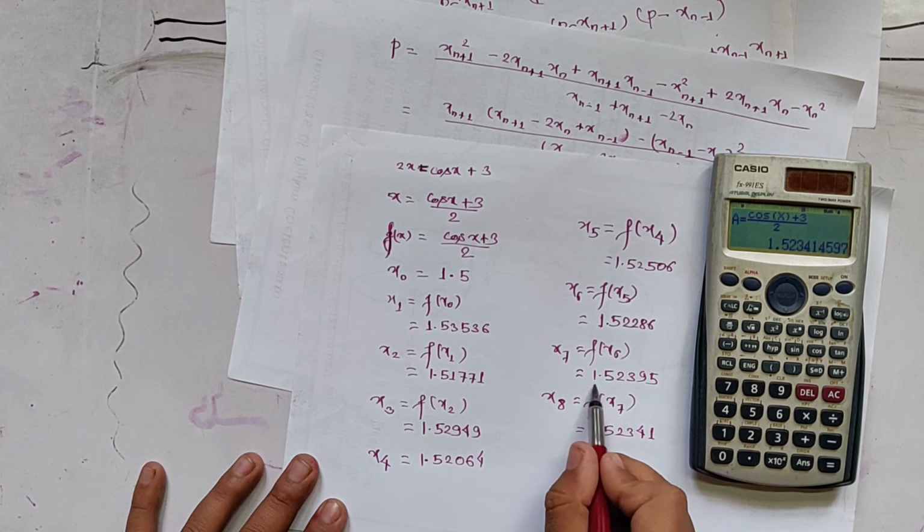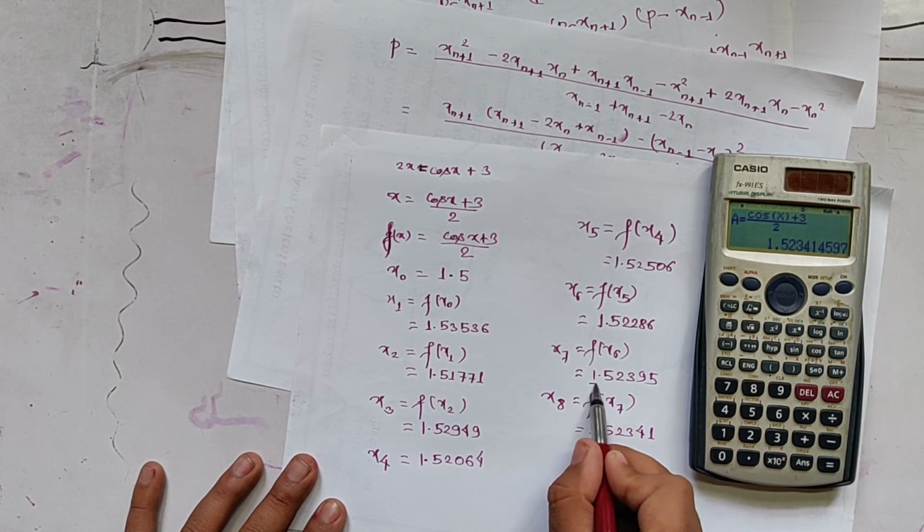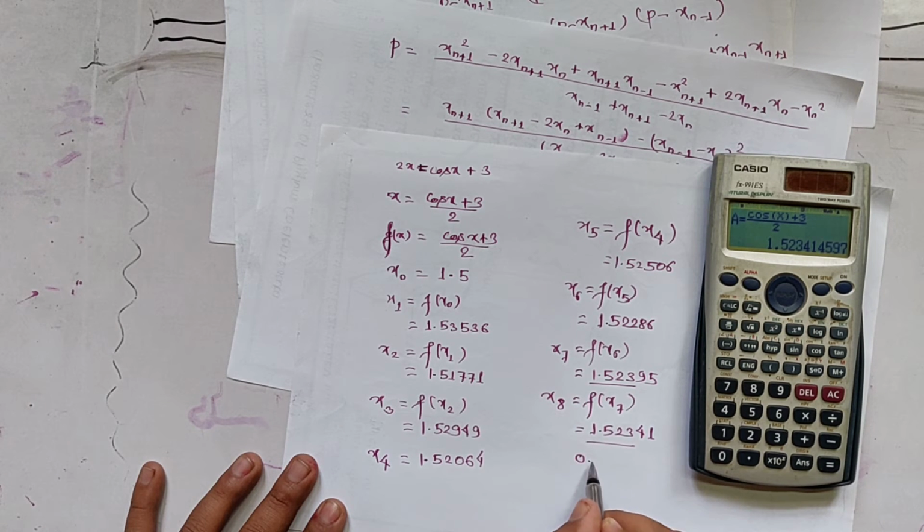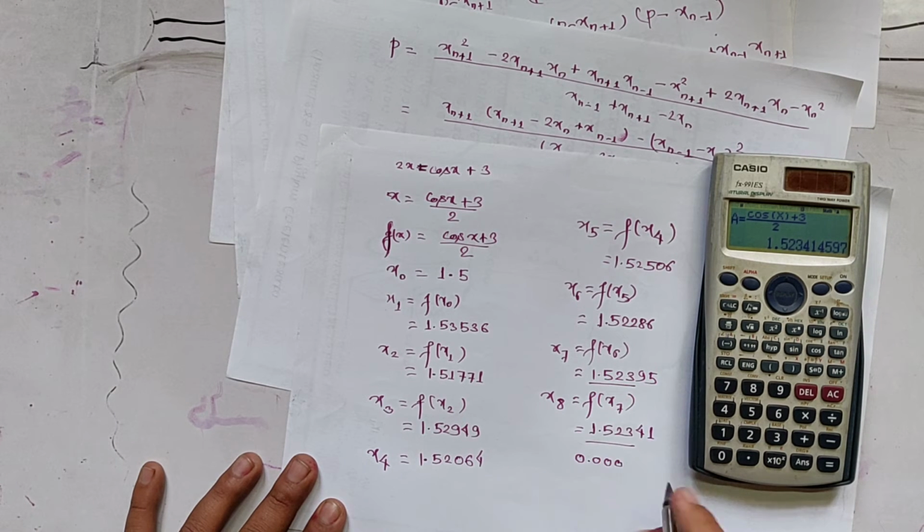I have checked up to 8 iterations, and the difference is 0.00030.